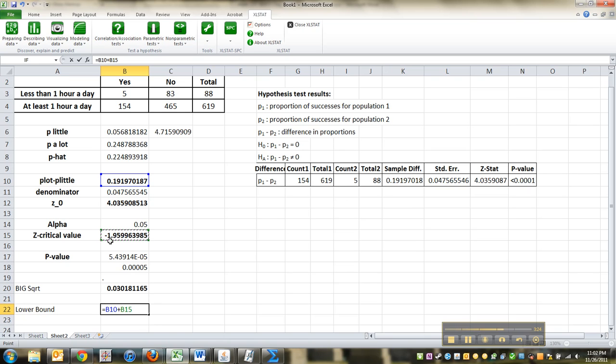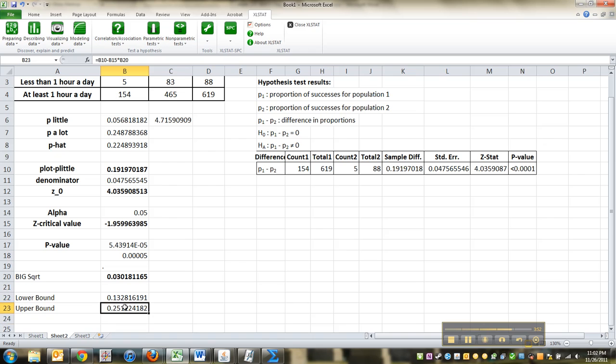Since it's negative, I can just do the plus one. And then times that guy right there. And then the upper bound would be equal to that difference, 0.19197, minus this time, because it's a negative, times that big square root. Enter.